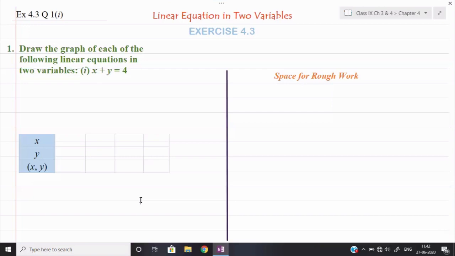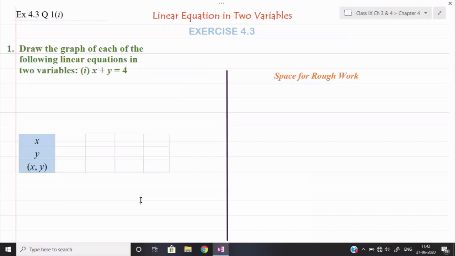Suppose you are plotting a linear equation and it is not forming a line, then you must think about where exactly you are making the mistake, because each and every linear equation will represent itself in the form of a line on the graph paper.